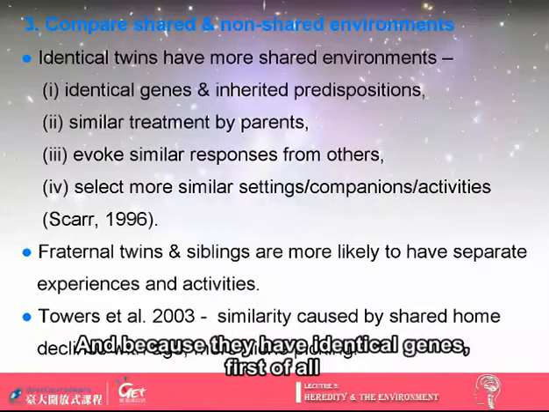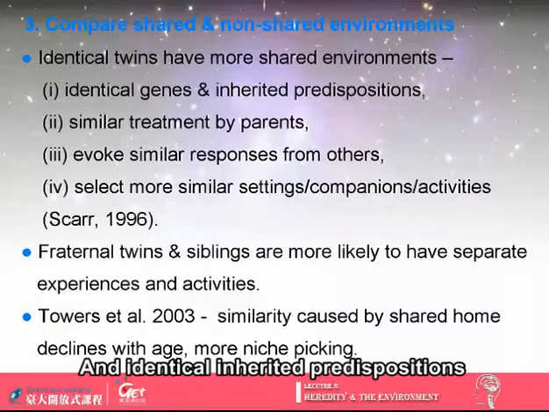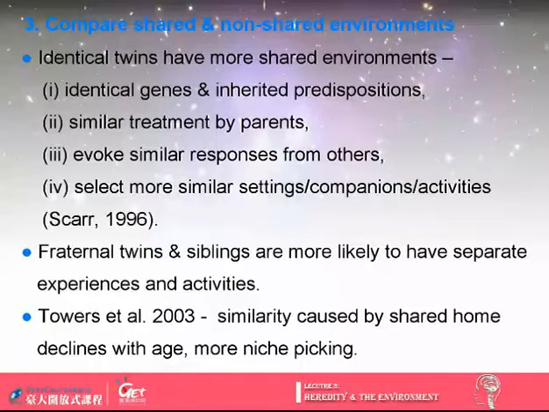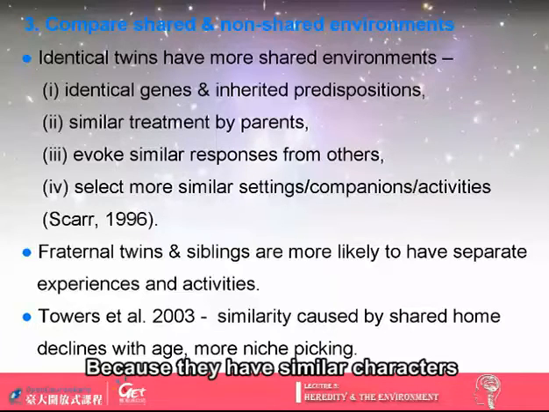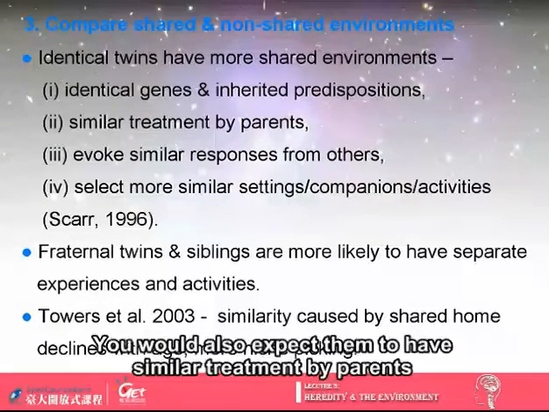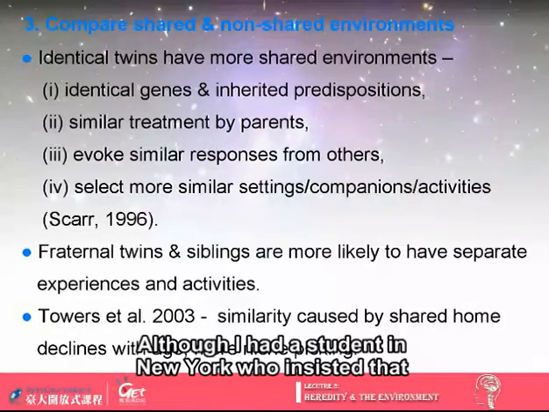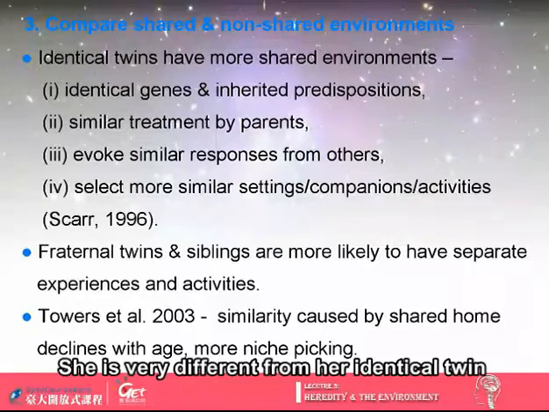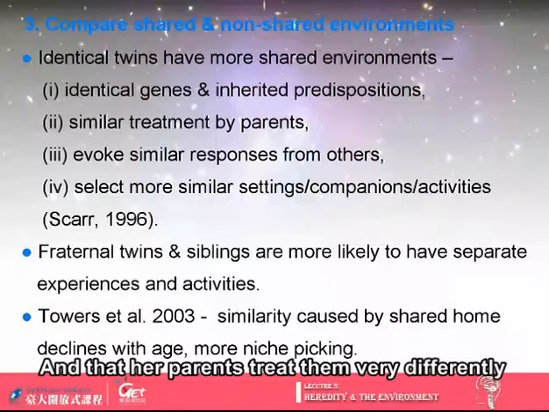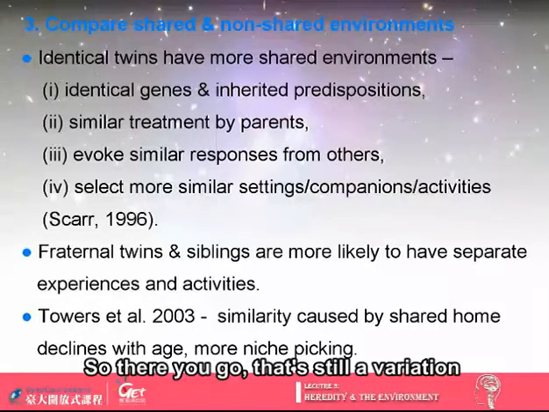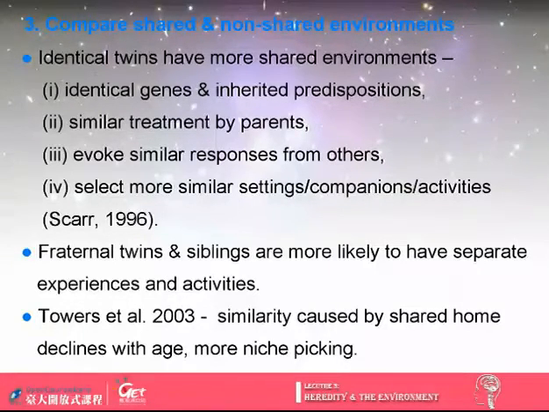And because they have identical genes, first of all, and identical inherited predispositions, because they have similar characters, you would also expect them to have similar treatment by parents. Although I had a student in New York who insisted that she's very different from her identical twin and that her parents treat them very differently. So there you go. There's still variation.